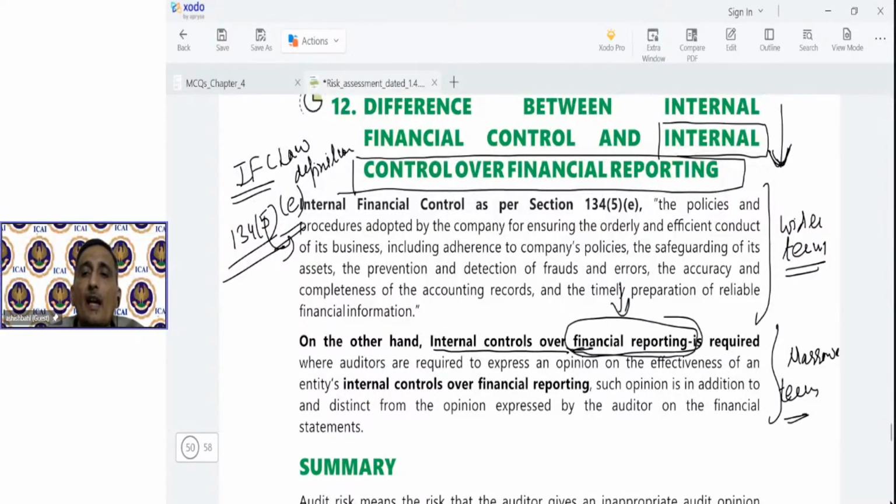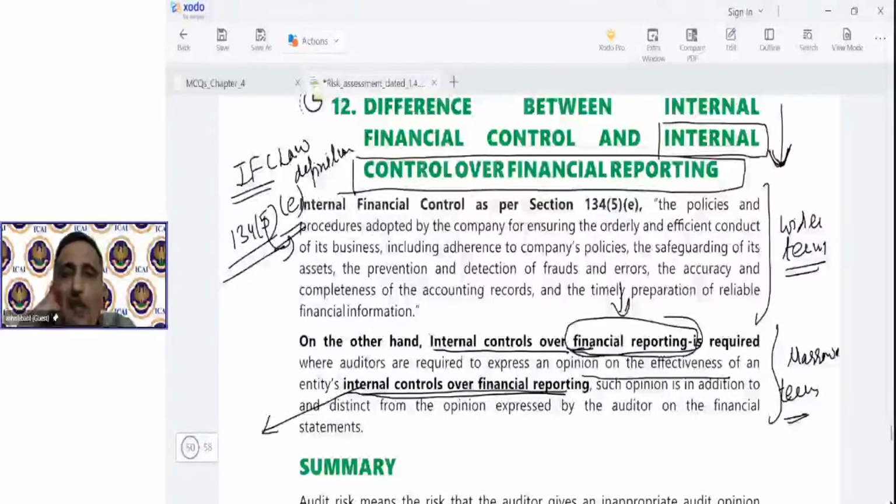So here the auditors are required to express opinion on internal controls over financial reporting, whether they are leading to reliable information being produced by the company. And this opinion is distinct from, separate from, the opinion expressed by the auditor on financial statements.